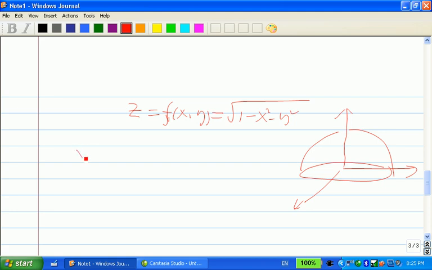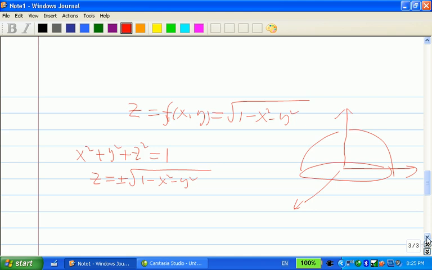I think many of you probably know this. x squared plus y squared plus z squared equal to 1 gives you the sphere. Now, if you solve for z, you get positive and negative square roots of 1 minus x squared minus y squared. If you pick the positive sign, you get the top half of the sphere.